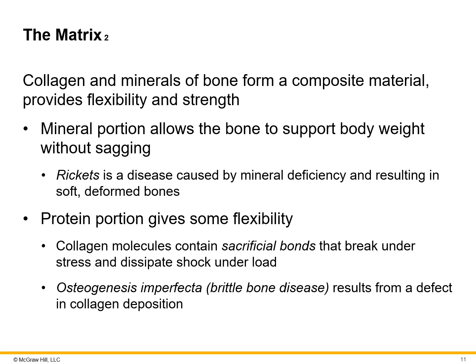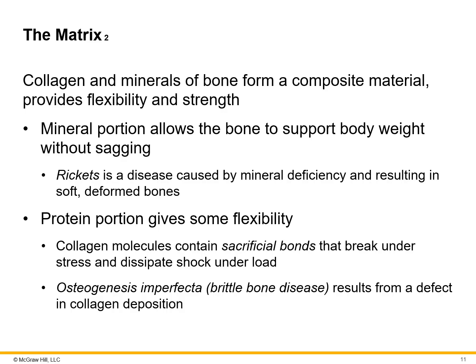This is similar to the mineral deficiency and flexibility that are the central problems in childhood diseases like rickets, in which the soft bones of the lower limbs bend under the body's weight and become permanently deformed or bow-legged.